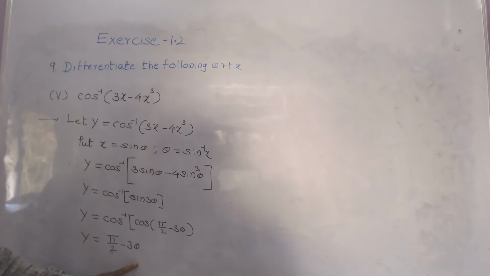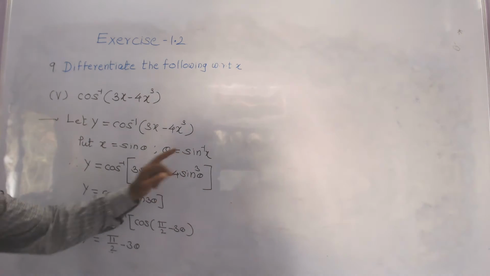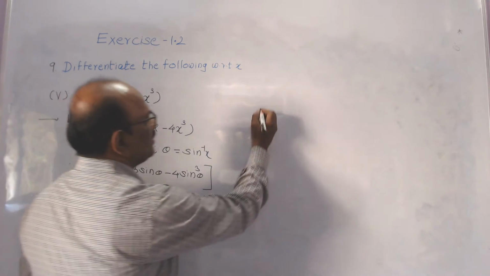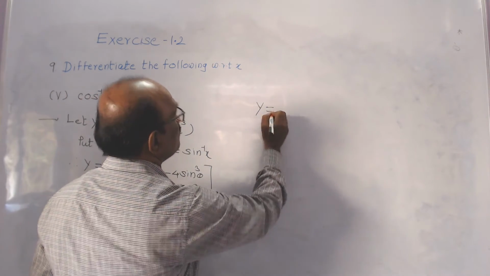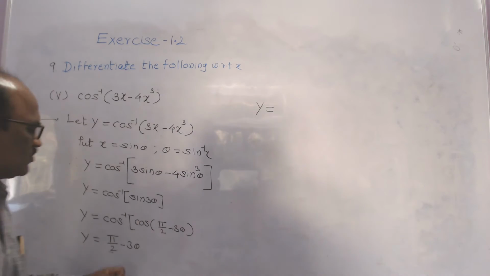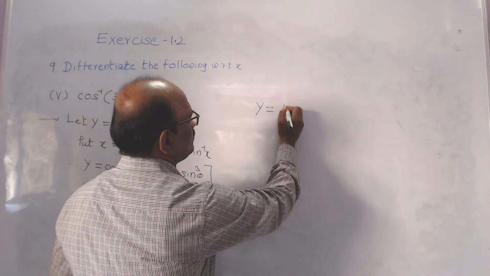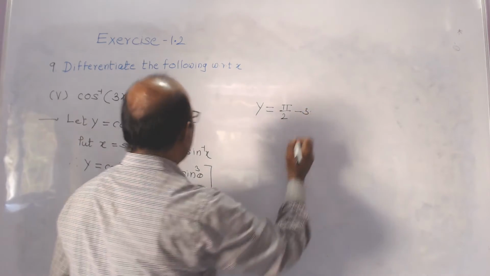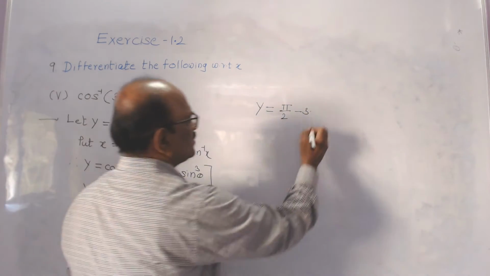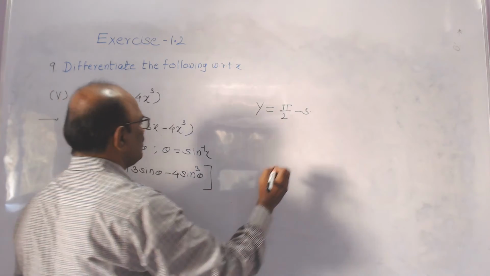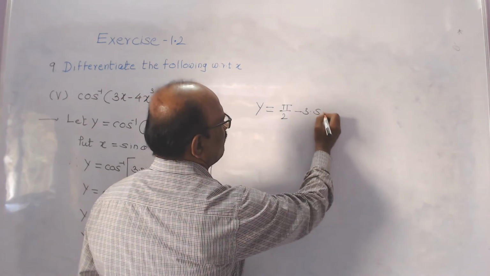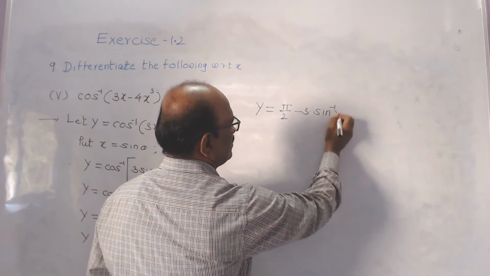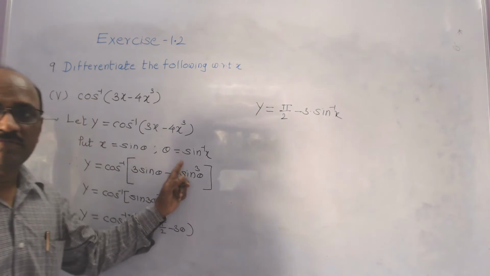Now we substitute the value of theta, which is sine inverse of x, and therefore y is equal to pi by 2 minus 3 sine inverse of x.